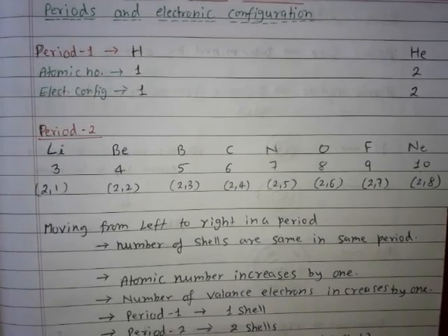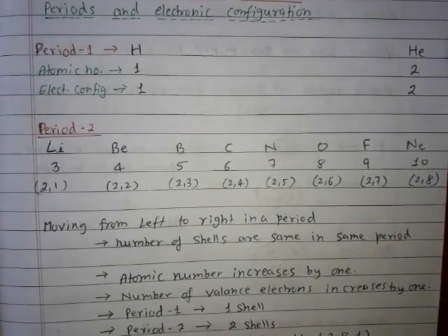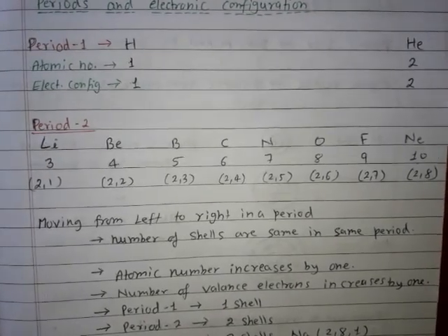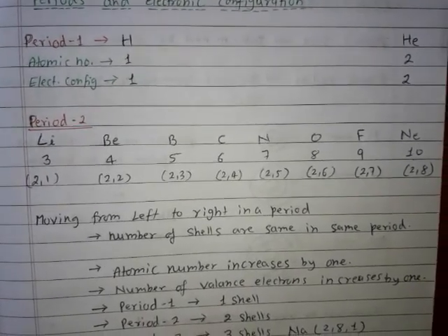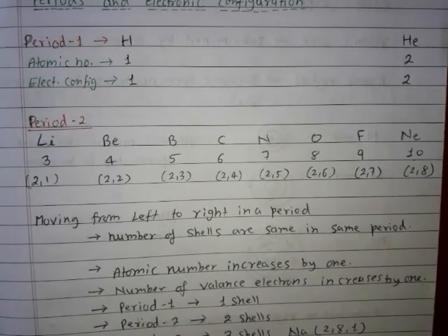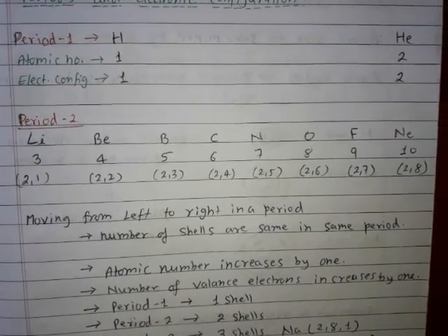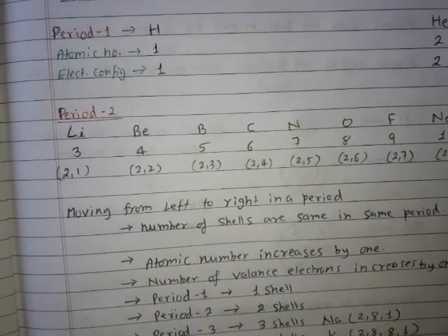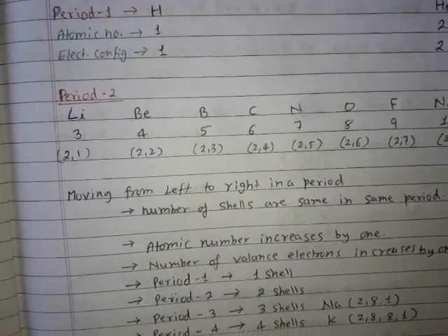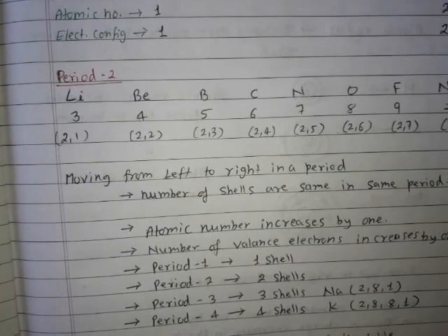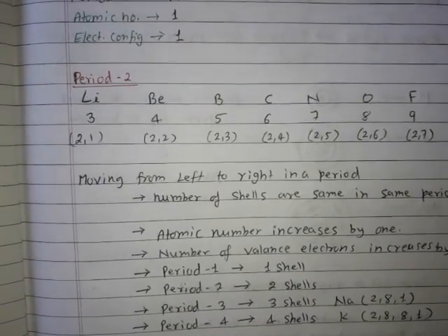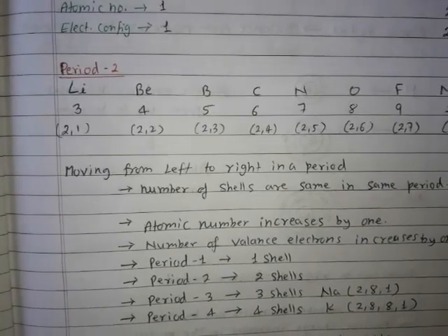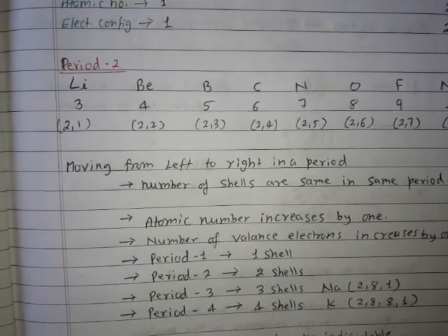That means the atomic number increases by 1 if we move from left to right. Lithium has atomic number 3, beryllium has 4, then boron 5, then carbon 6, nitrogen 7 and so on. And if we are moving from left to right, the number of shells remains the same.